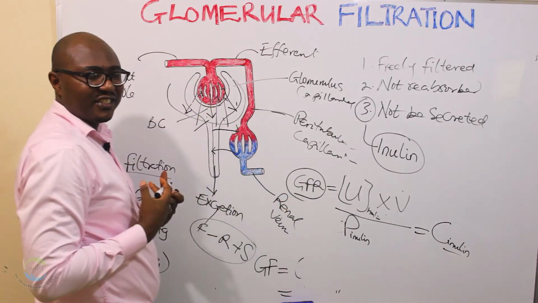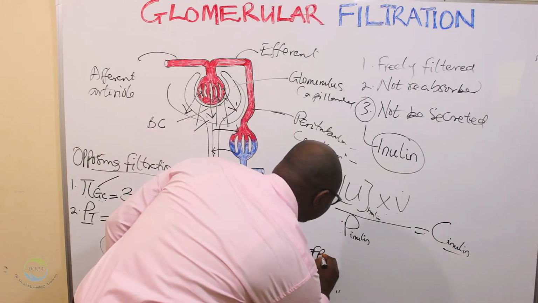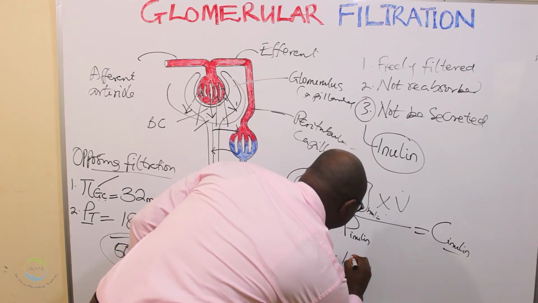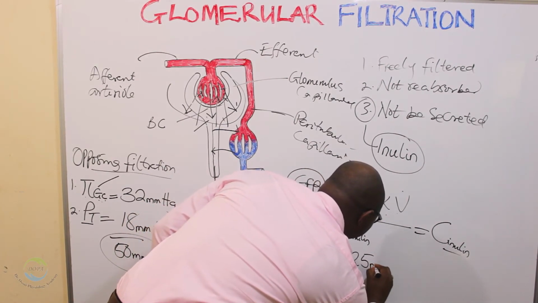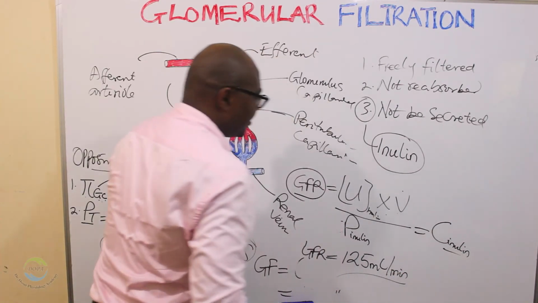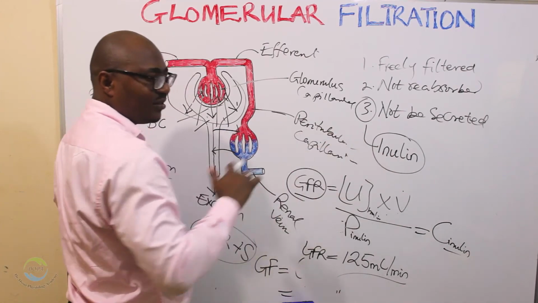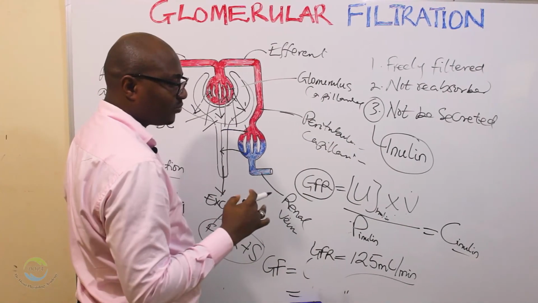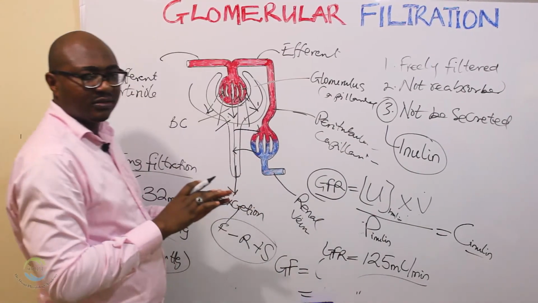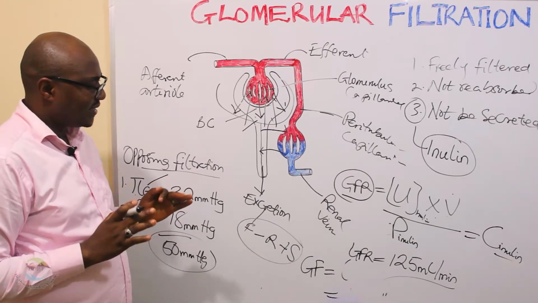And what is the GFR? When we do this, we find that the normal glomerular filtration rate is 125 milliliters per minute. When you compare it with the renal plasma flow, which is about 625, you find that it's just about 20%.